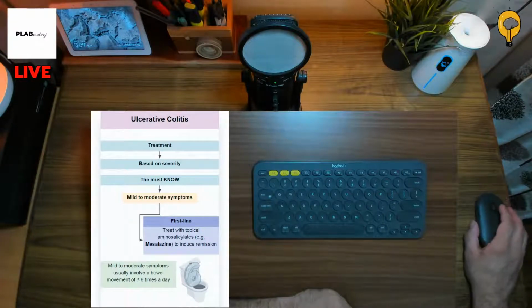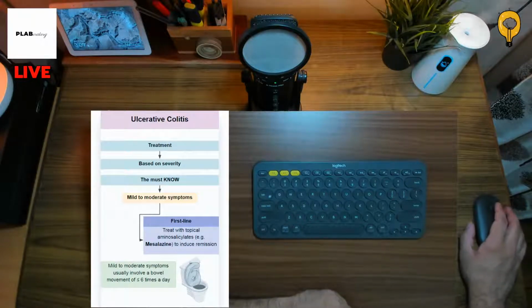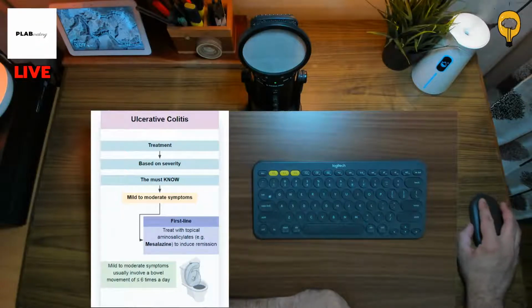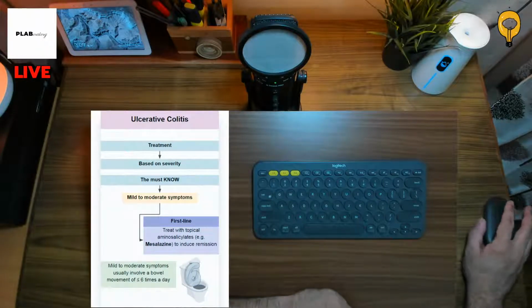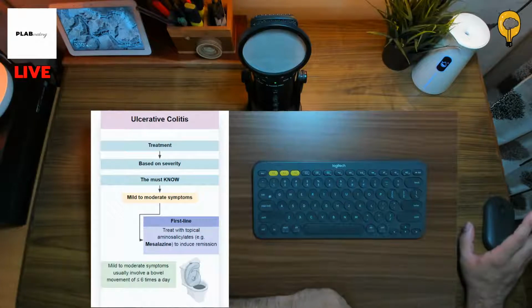So here we'll be studying ulcerative colitis, and we'll also be touching a little on Crohn's disease versus ulcerative colitis. First of all, ulcerative colitis is often episodic and it presents with chronic diarrhea that can be bloody.